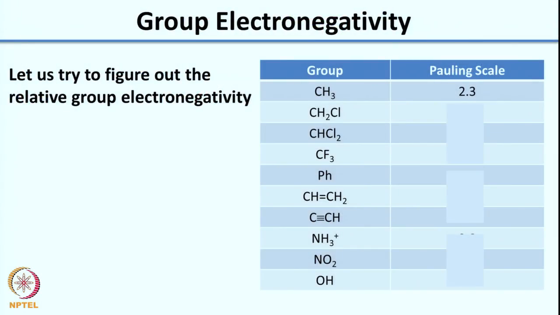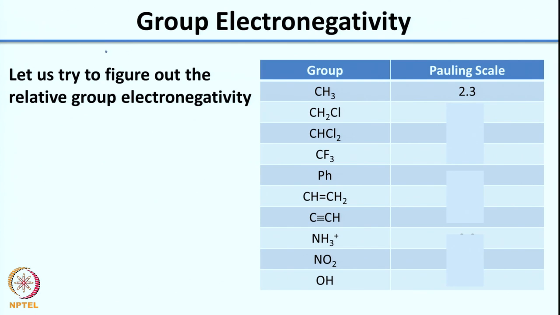Now having this concept in mind, let us try to do a sort of game or an exercise together, and I will help you out with this. Now I have shown you a table here, and this concept is called group electronegativity. So instead of one atom, what we think is, suppose we have, again I will try to draw it out to you so that it makes sense to you.